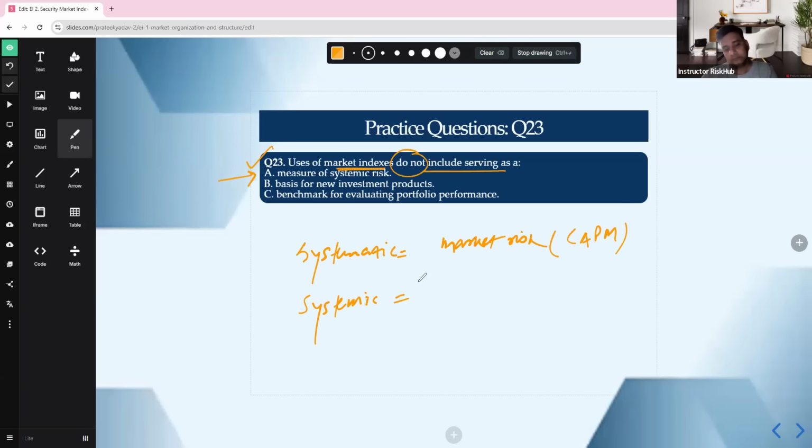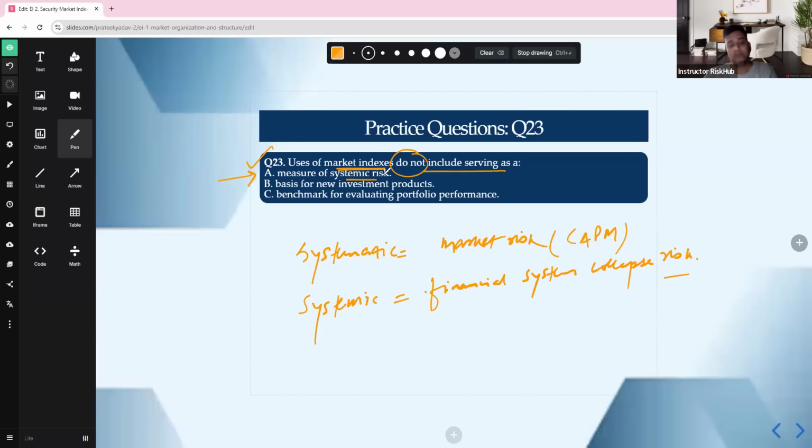Systemic is equal to financial system collapse risk. Please understand, market index do not include serving as a systemic risk, right?